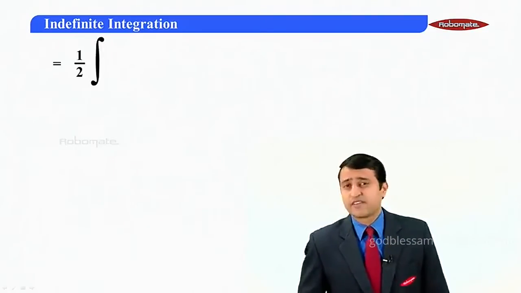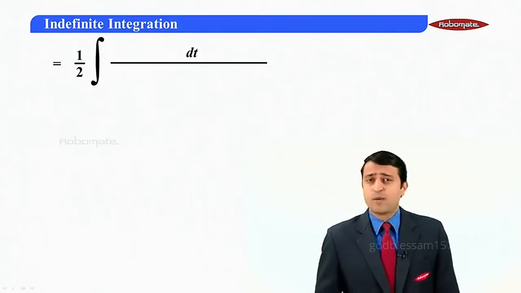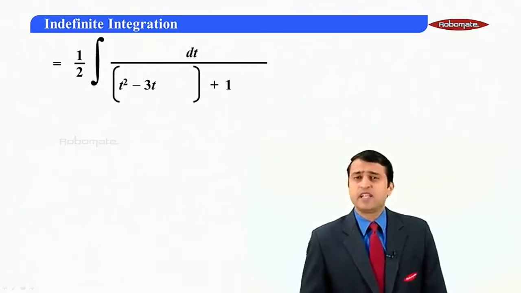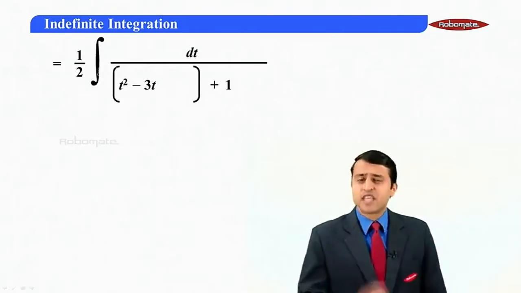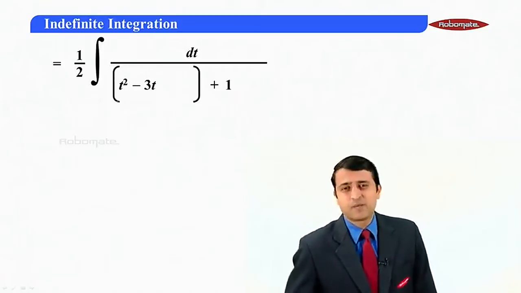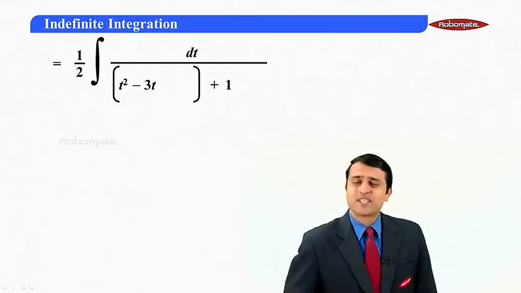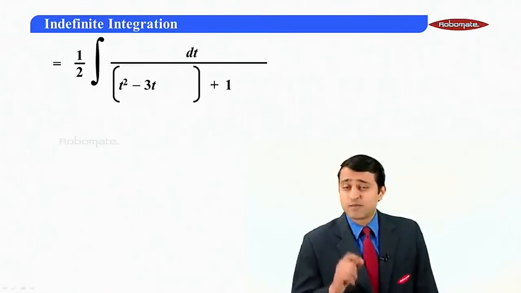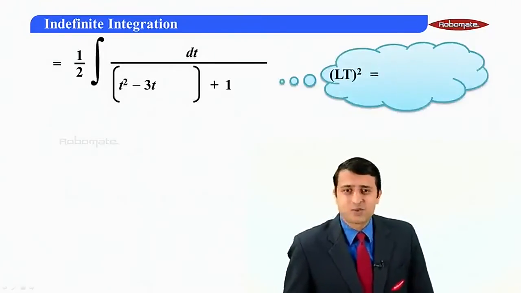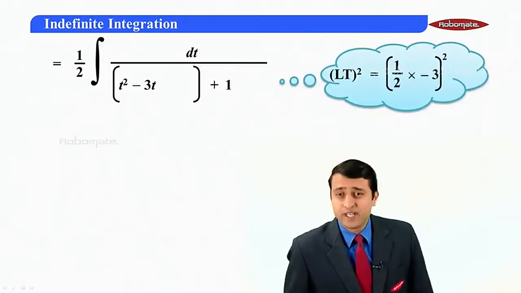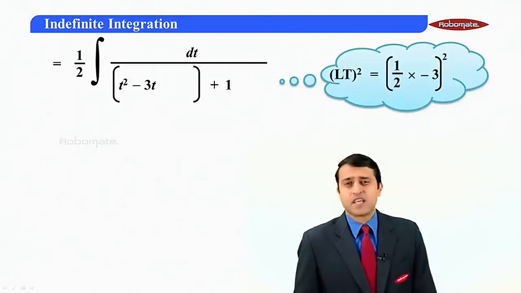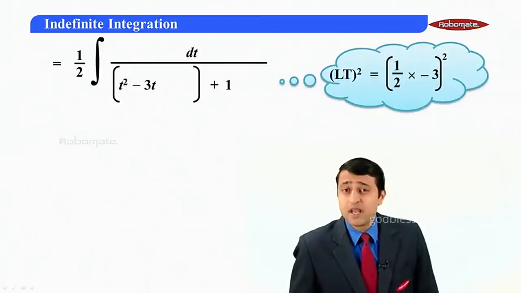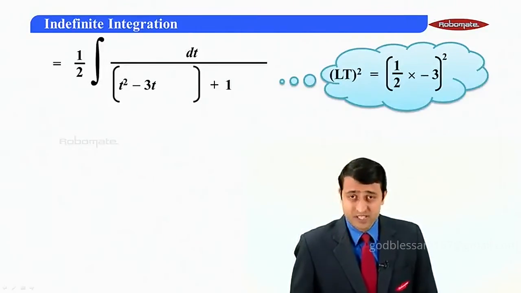2 being a constant, I have taken it outside the integral. 1 upon t square minus 3t plus 1. I have written the same three terms, but the space between them is not the same. You know why there is a space, because we need to add and subtract a particular number which comes from the formula: last term square is equal to half into minus 3 in this case, and that gives me minus 3 by 2 the whole square, which is 9 by 4.